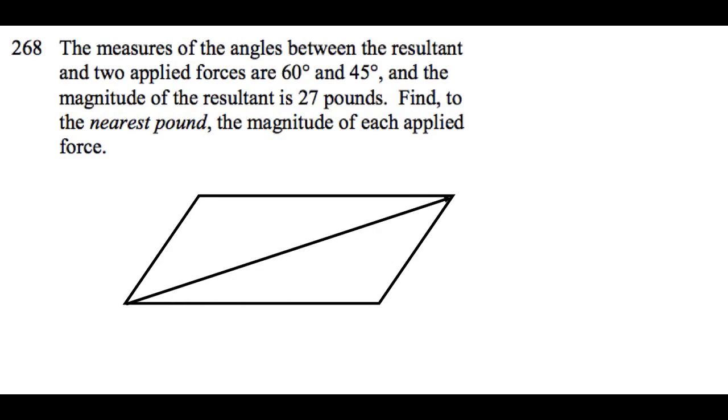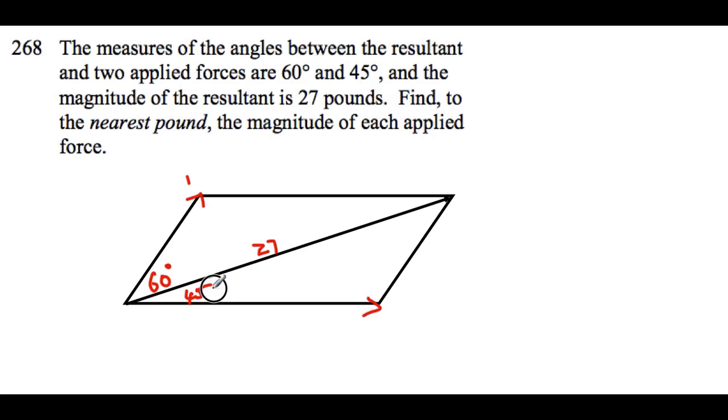I don't know exact values, but this one is 60, and this one is 45, and that's one force, and that's another force, while the middle one is the resultant. The magnitude of the resultant is 27 pounds. Find to the nearest pound the magnitude of each applied force.